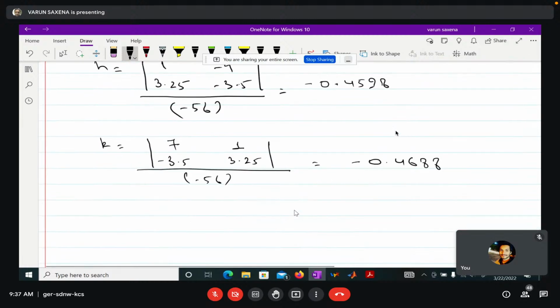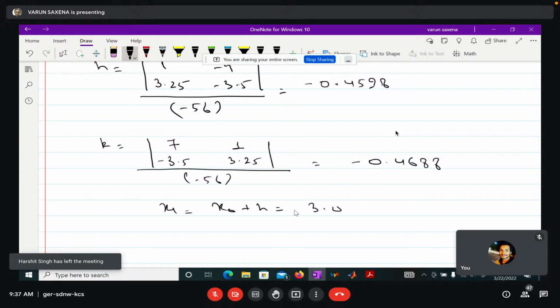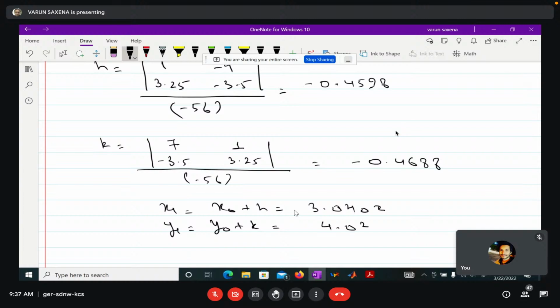So x1, which is x naught plus h, will come out to be 3.042, and your y1 is going to be y naught plus k, it will come out to be 4.0.